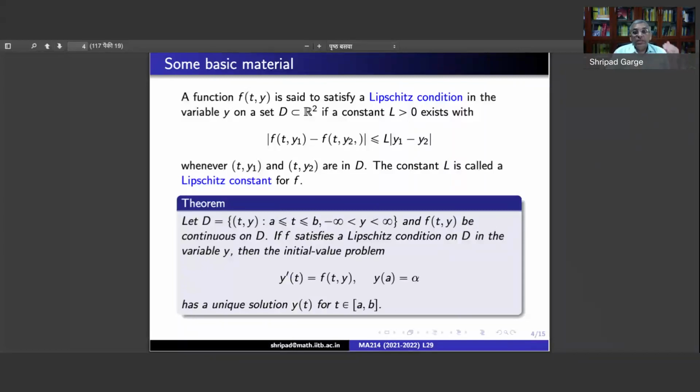So whenever your function satisfies the Lipschitz condition, the initial value problem has a unique solution.